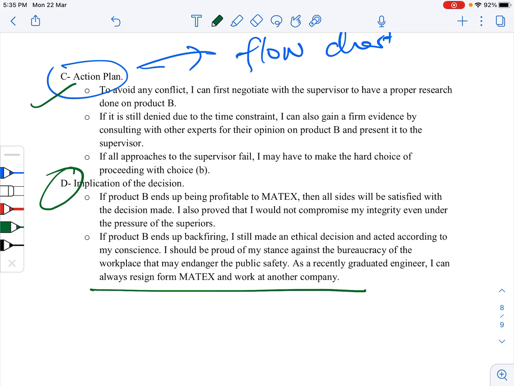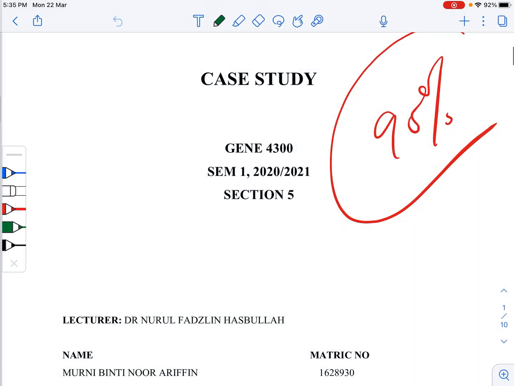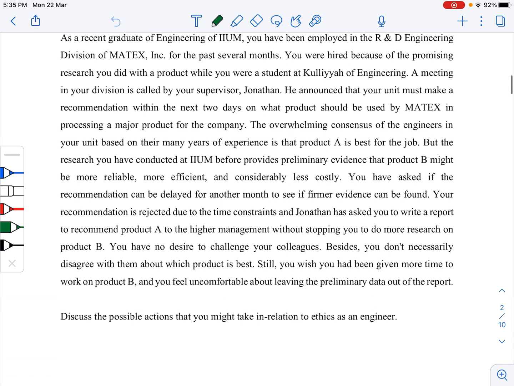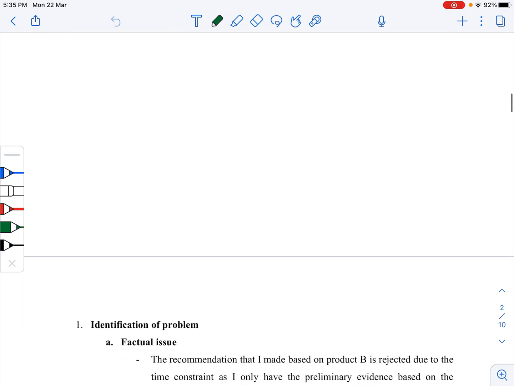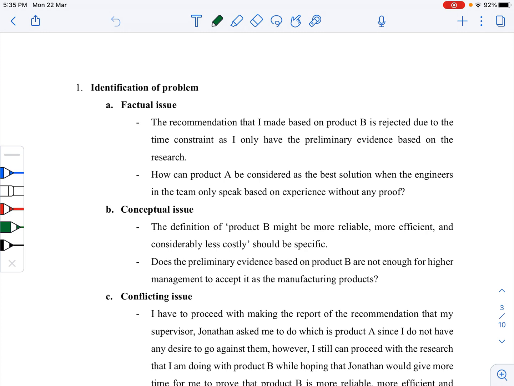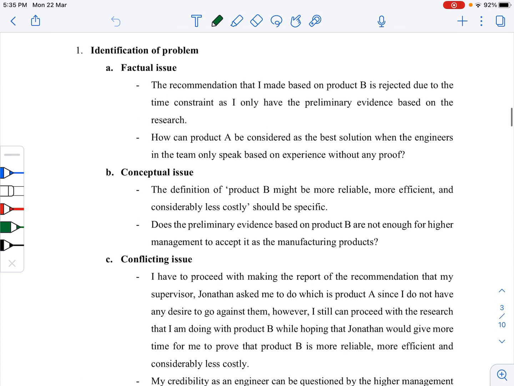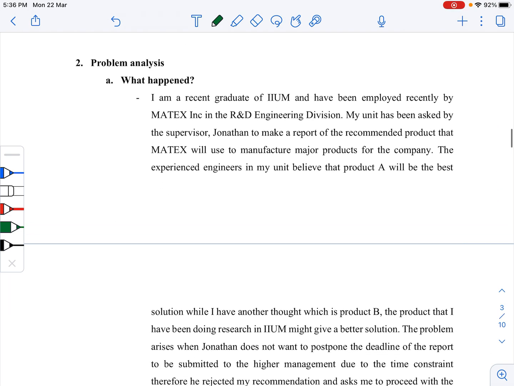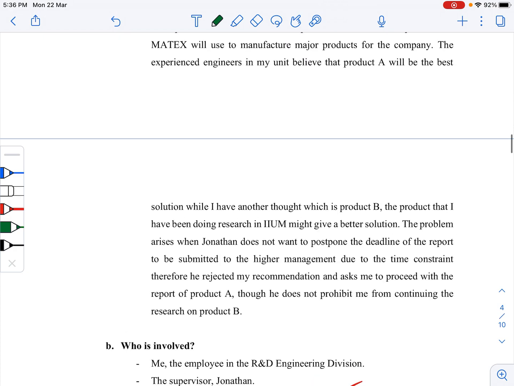Just to show you, here's another. It's the same question, but there's more than one way of solving it. Again, she also categorized the different issues in the case study, and then what happened.